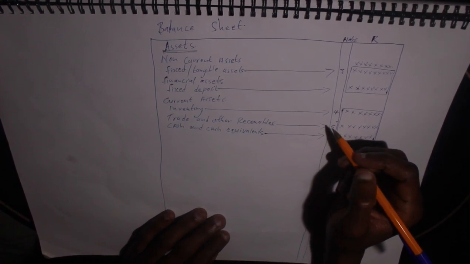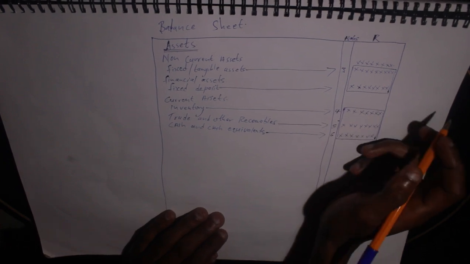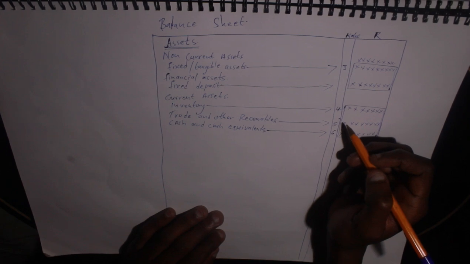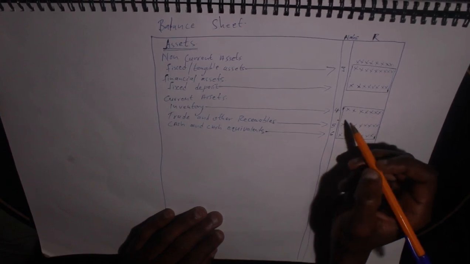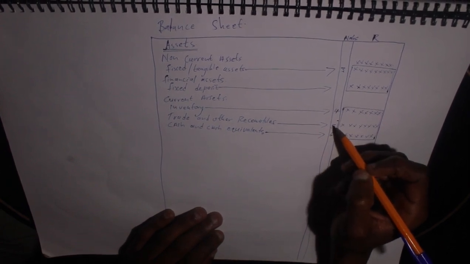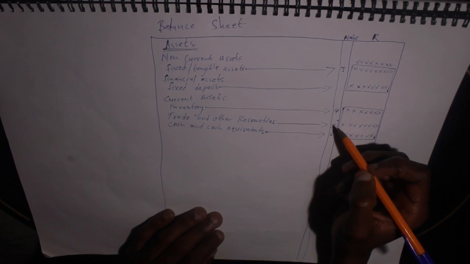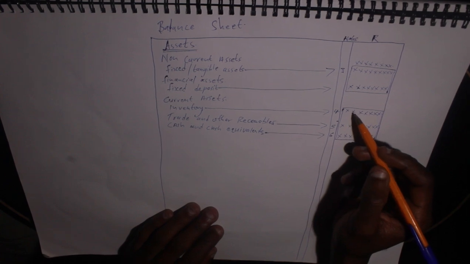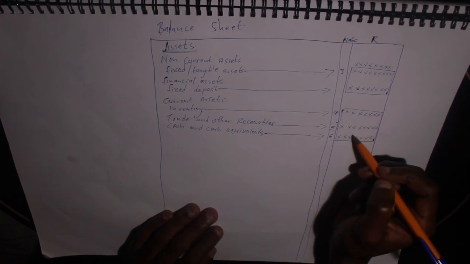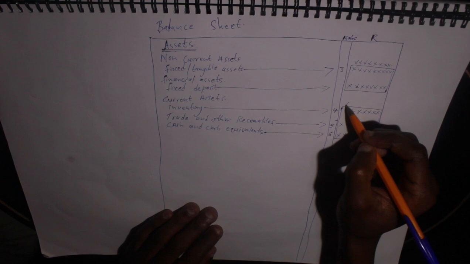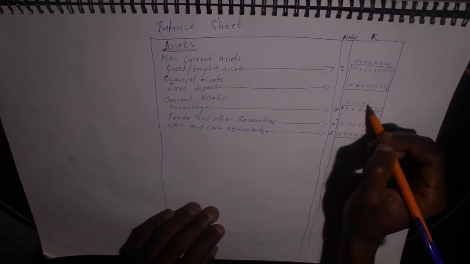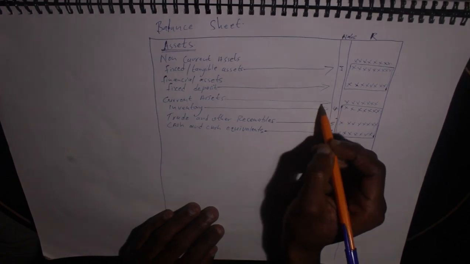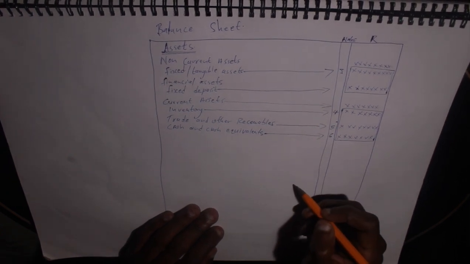You gave your customers goods on credit, and then you are expecting to receive money back, which is receivable. We'll explain more when we do our notes. Now let's get back to our format. We add all our current assets together, and then the total you put it here. This is our total current assets.